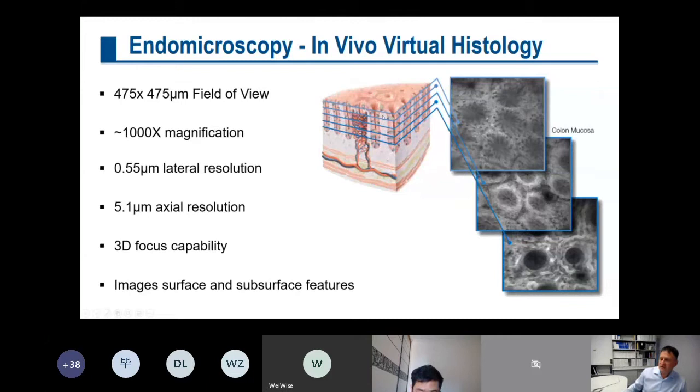We can move this optical slice up and down in the tissue. That gives us a 3D focusing capability, and you can see in the images on the slide the sort of difference you get when you change the imaging depth. So we can image both surface and subsurface features with the device.